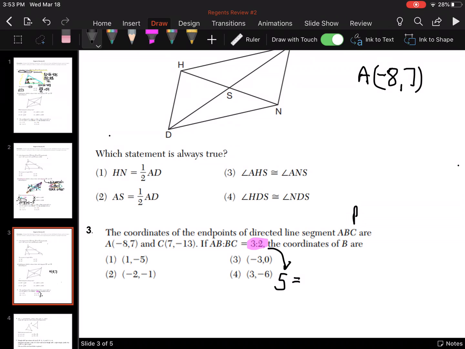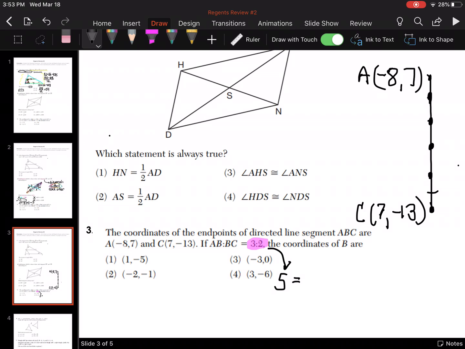and C is 7, negative 13. Ooh, I'm sorry, it's C actually. So what you're going to do is bottom minus top. I'm going to draw my segment like I always do, and I'm going to split this segment into 5 equal parts. 1, 2, 3, 4 points.